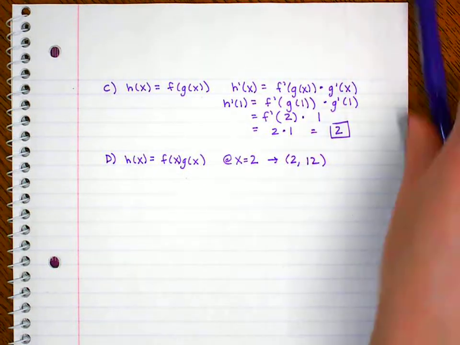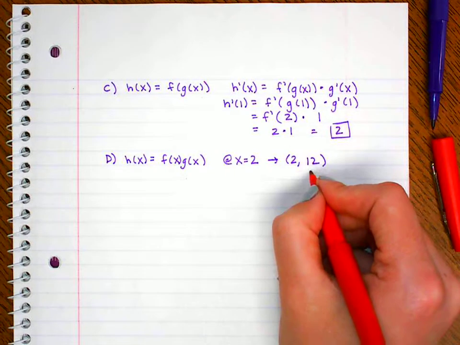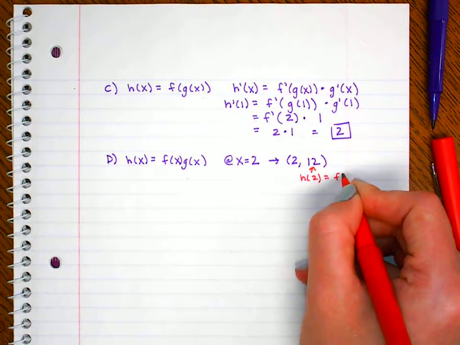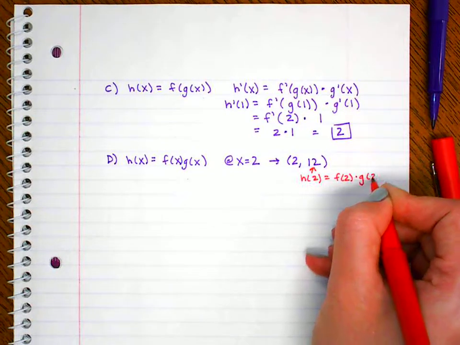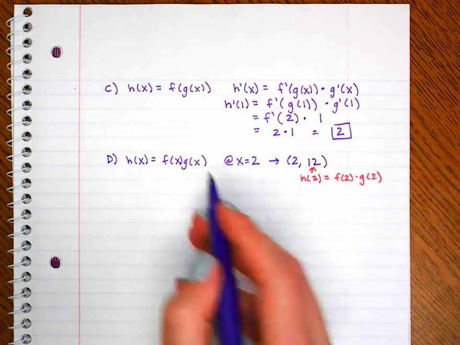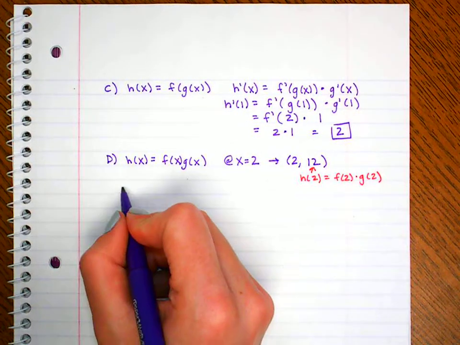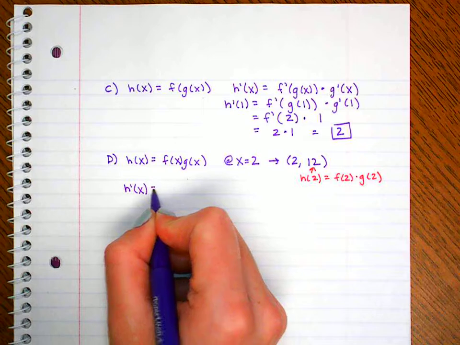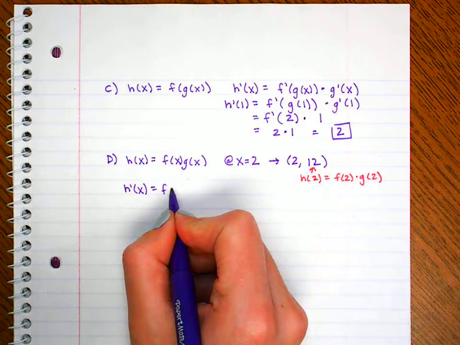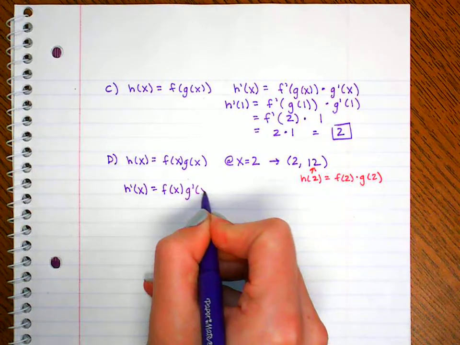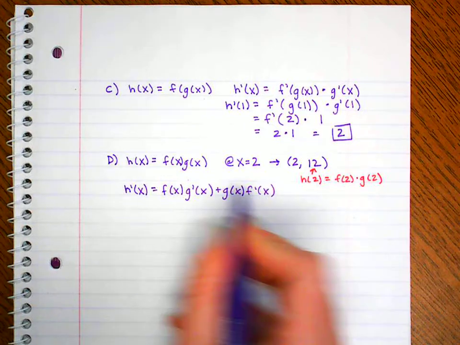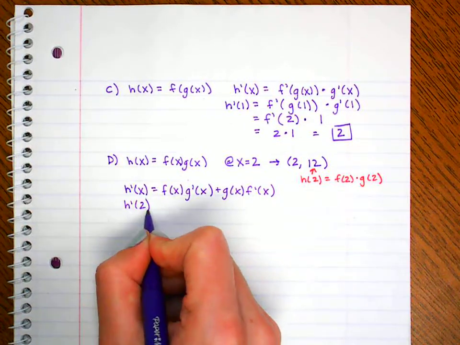So again, remember this thing here was h of 2, which was equal to f of 2 times g of 2. Okay. If I want my tangent line, I need to know what the derivative is. I want my derivative at 2.